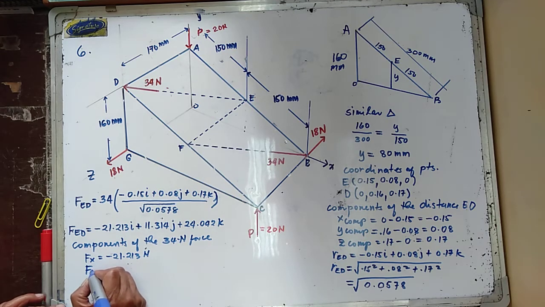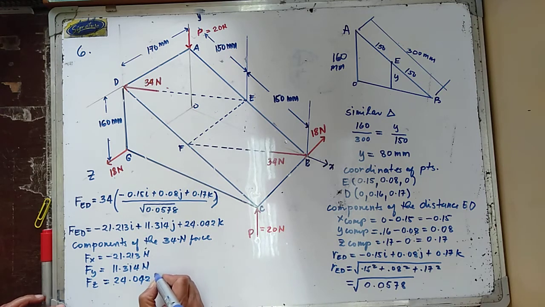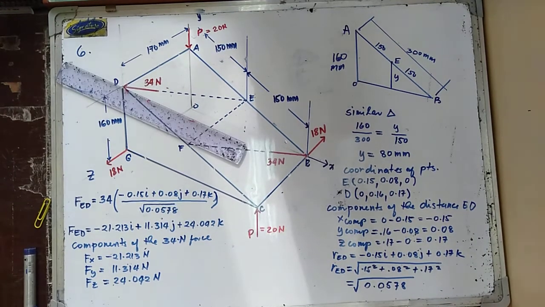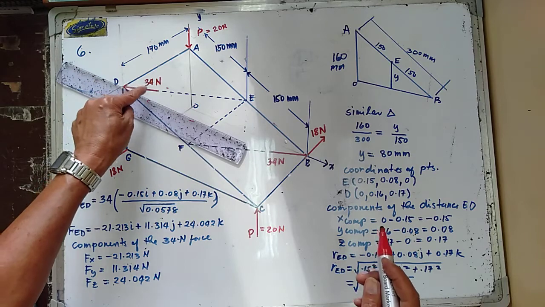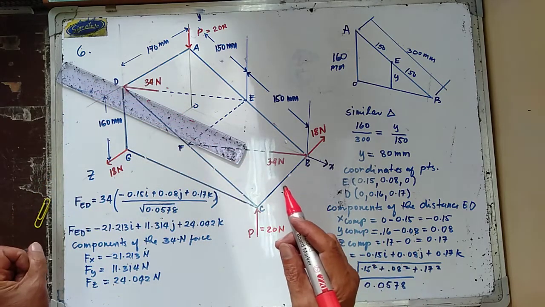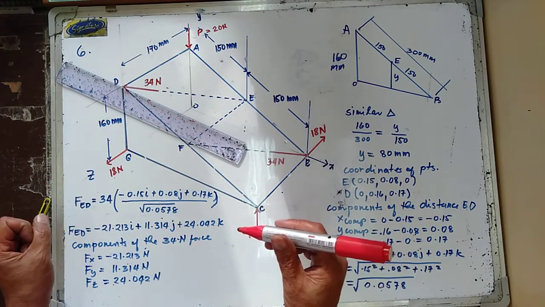Your Fy is equal to 11.314 newtons, and the component in the z is 24.042 newtons.